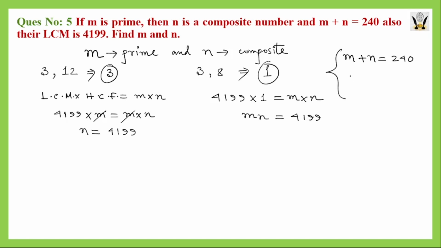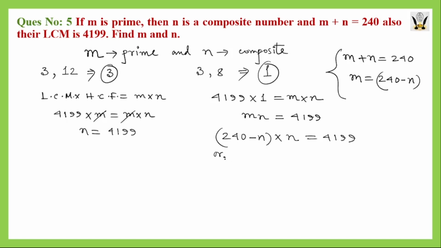So from here we can say m will be 240 minus n. If we replace m in terms of n, in place of m we can write 240 minus n, and when it is multiplied by the composite number, the second number n, that will be equal to 4199.